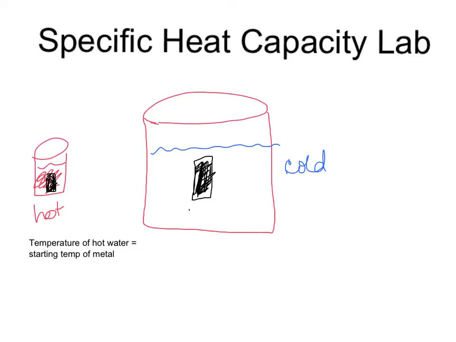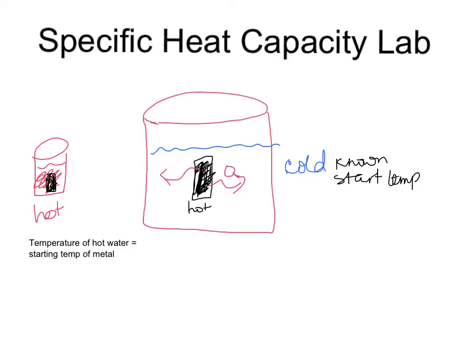So this is hot, our water is cold, and we're going to know its temperature too. Known starting temperature, so we know the starting temperature of both the metal and the water. Since heat flows from the hot to the cold, the metal is going to give off heat to the water.